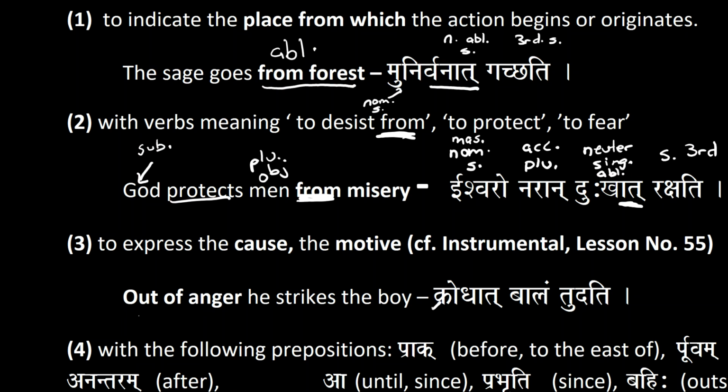That's krodha, a masculine noun that ends with a, declined in the ablative singular, krodhat. At is the case ending that represents the ablative case. He strikes the boy. Tudati is third person singular, and the boy is the object.